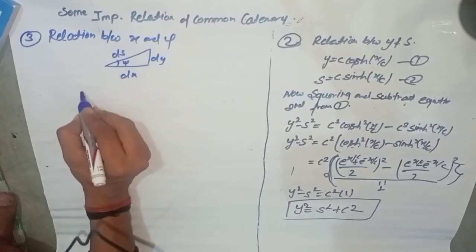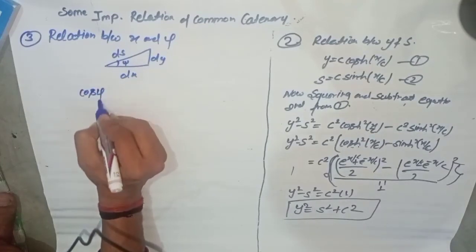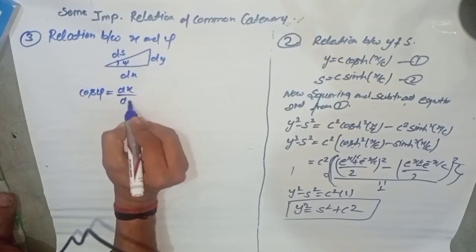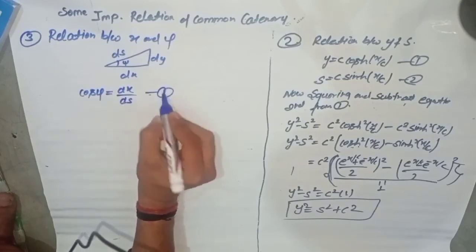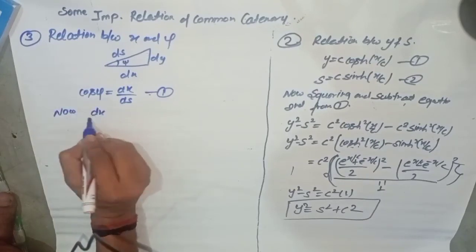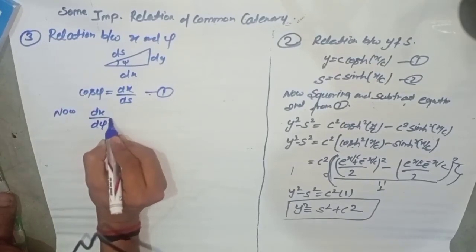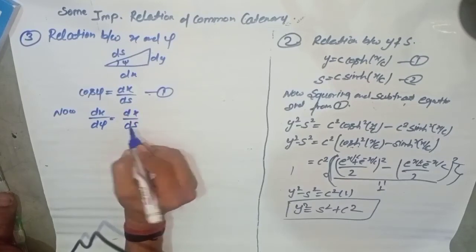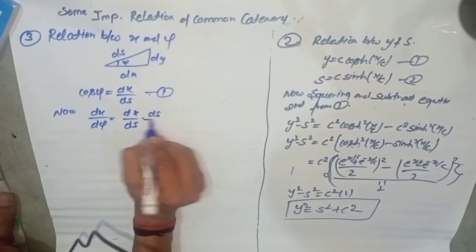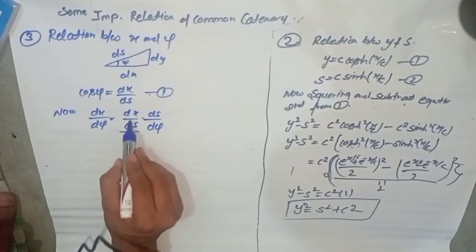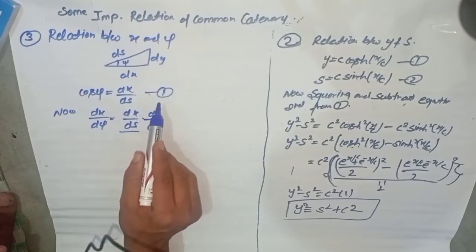Now we take cos psi, which is equal to dx/ds. This is equation 1. Now dx/dpsi is written as dx/ds times ds/dpsi. Now we put the value of dx/ds from equation 1.